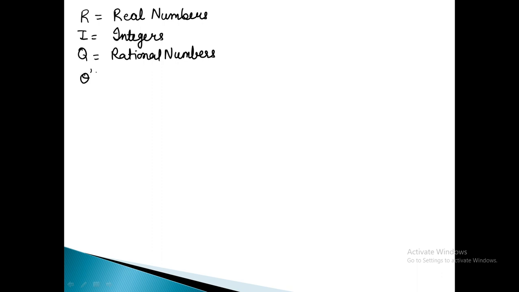Q transpose is used for irrational numbers.